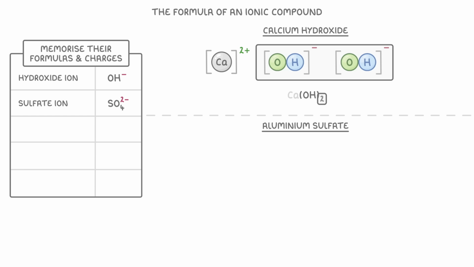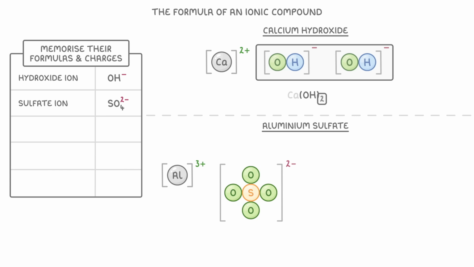For aluminium sulfate though, we have a 3 plus aluminium ion, because aluminium is in group 3, and a 2 minus sulfate ion, which is a bit awkward, because we can't just increase the number of one of them to make the two charges balance. So here, we need to find the lowest multiple that 2 and 3 have in common, which would be 6.